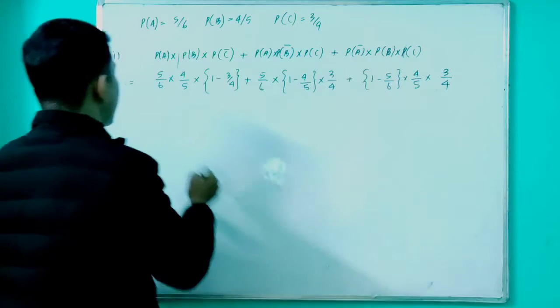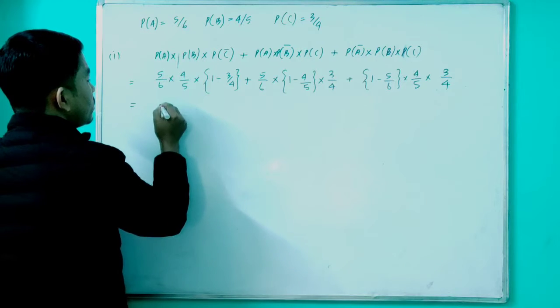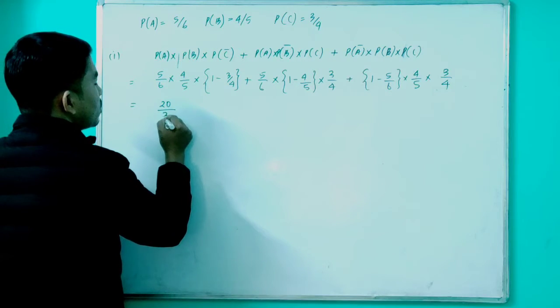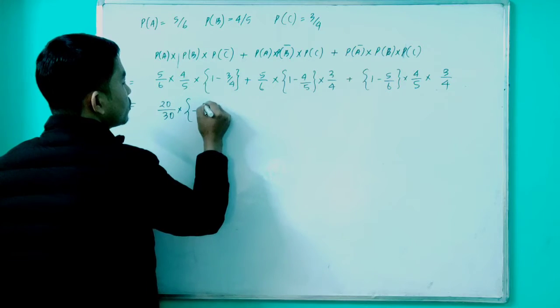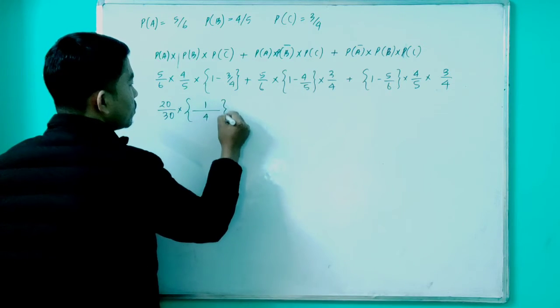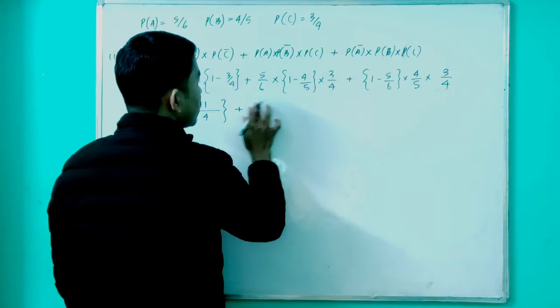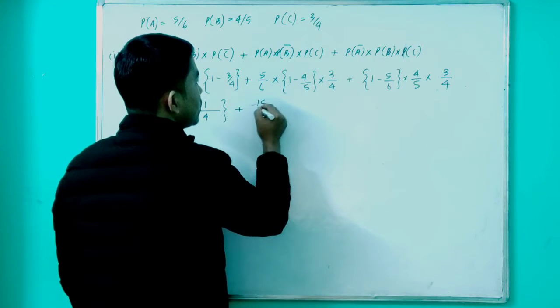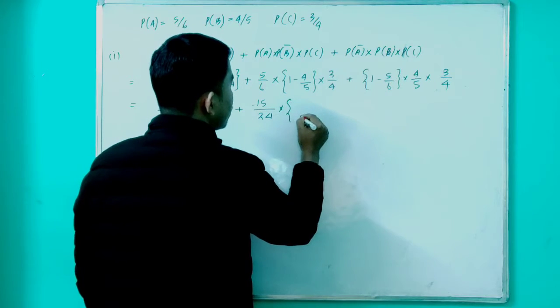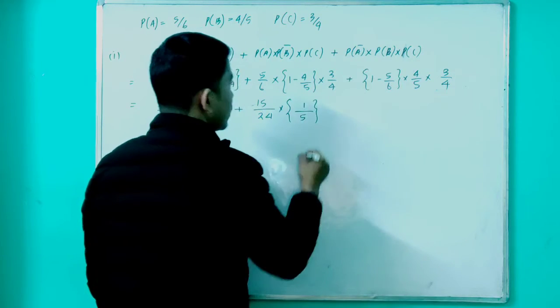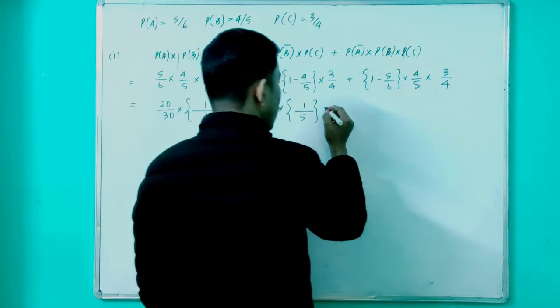On further simplification, we get 5 times 4 is 20, 6 times 5 is 30, times, if I take the LCM, it will be 4, so 4 minus 3 will be 1, plus I multiply 5 times 3 is 15, 6 times 4 is 24, times 5 minus 4 equals 1.